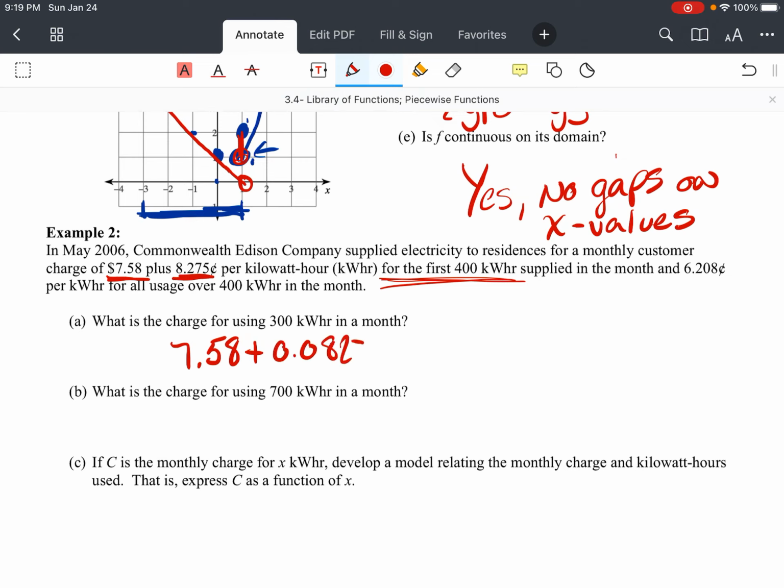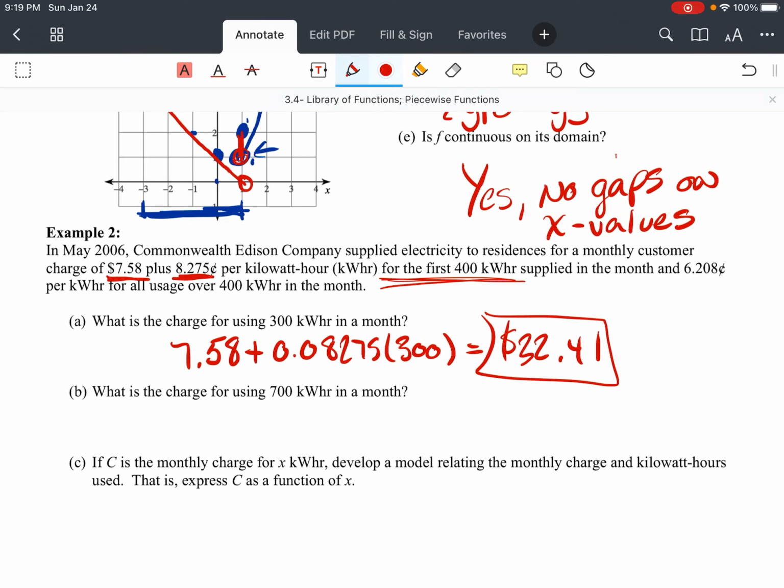So this would be 0.08275 times 300 kilowatt hours. And that gives us approximately $32.41. Okay, so for the first 300 kilowatt hours in a month, you would be expected to pay $32.41.